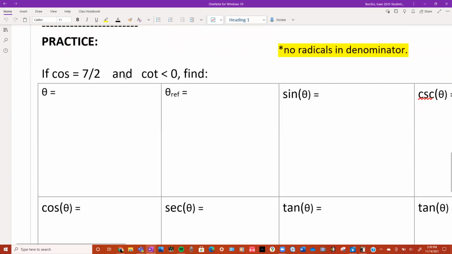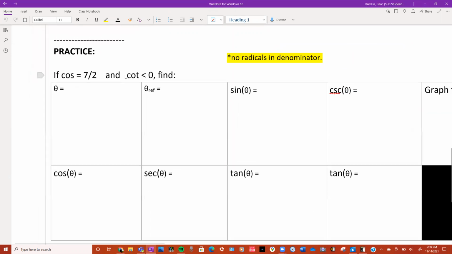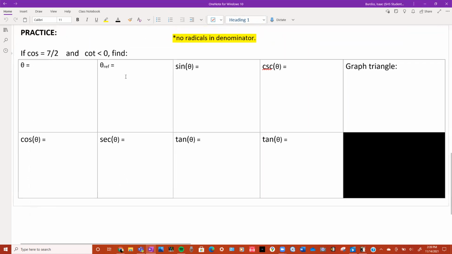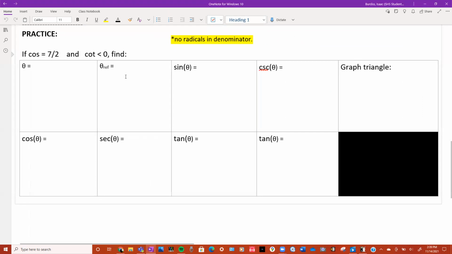So now we're doing practice. Now that we know these things, we're trying to find all these things just by 2 small clues that were given. Let's have no radicals in the denominator when we do this.